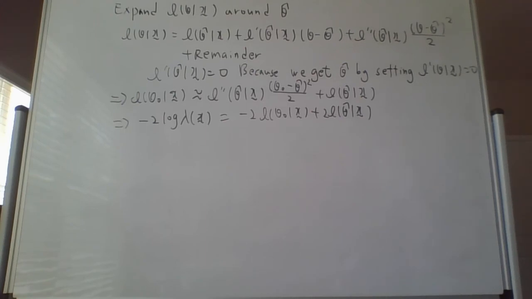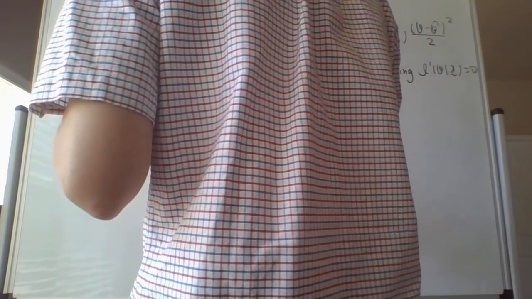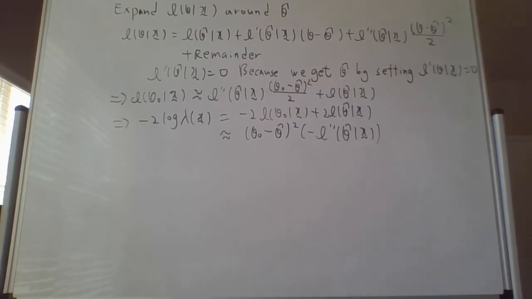So this is the definition, and then this is approximately, by plugging in this expression, theta 0 minus theta hat squared times minus the second derivative of the log likelihood at theta hat.